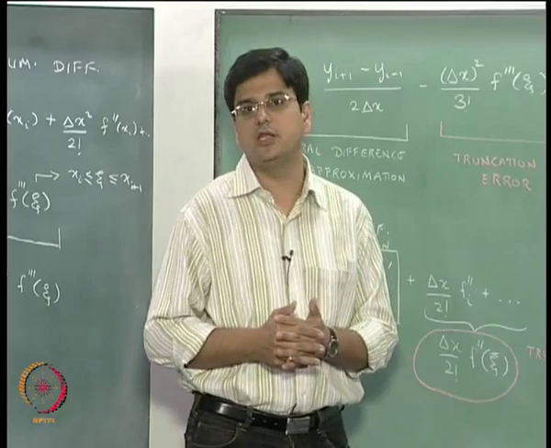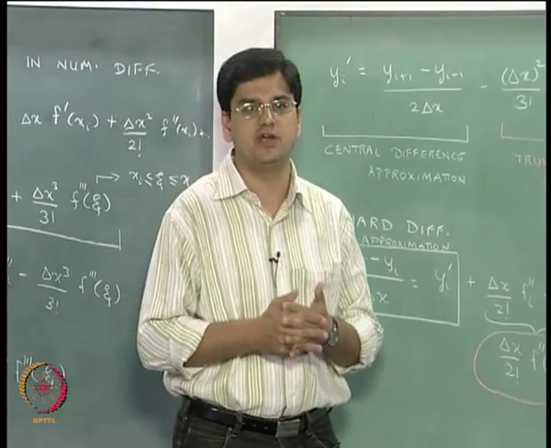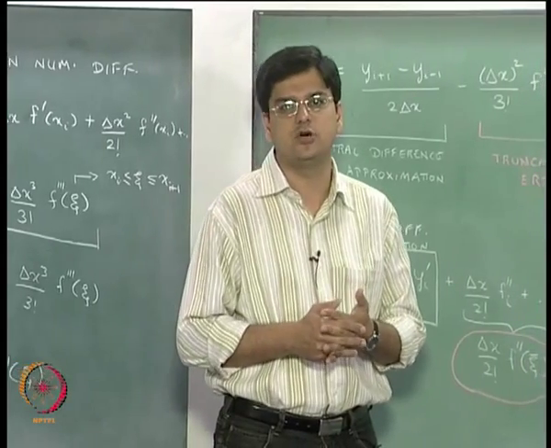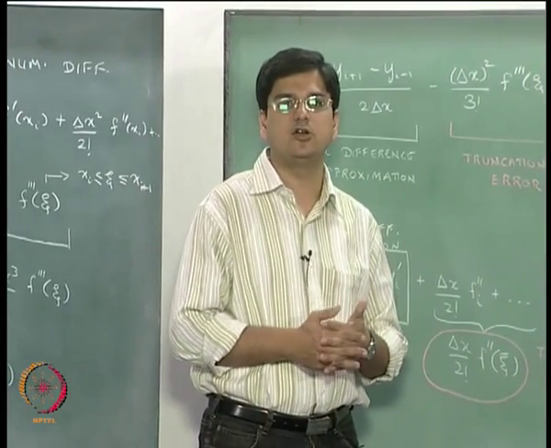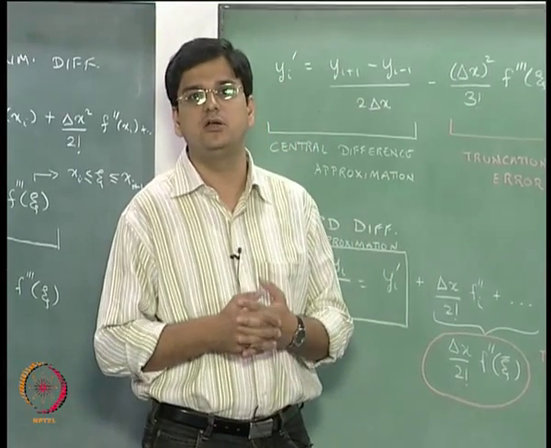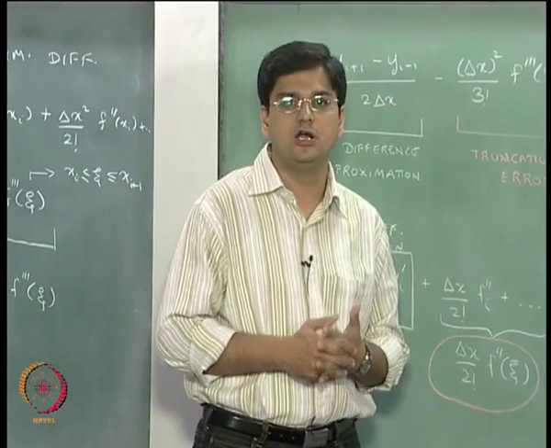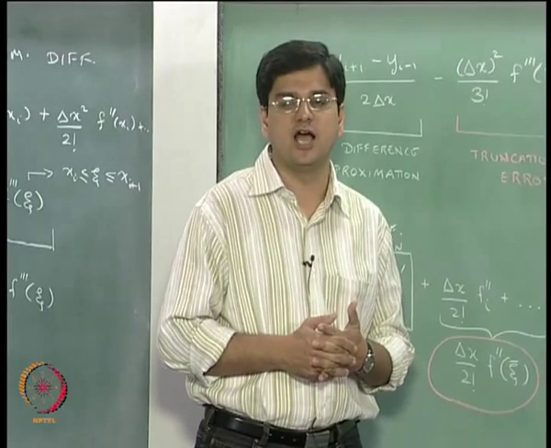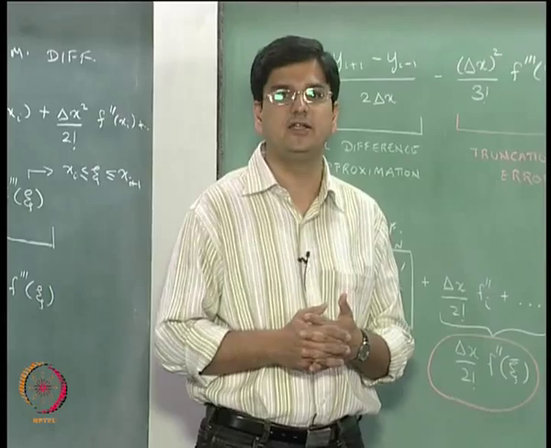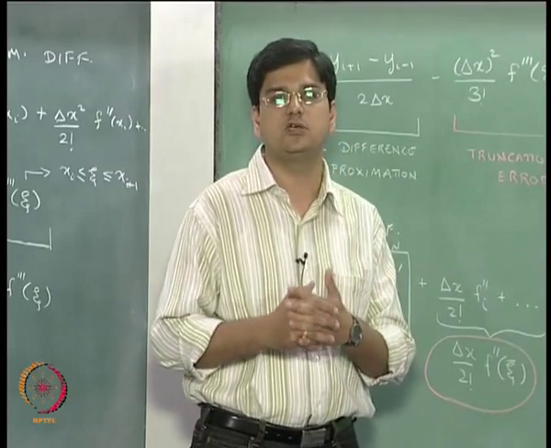What we will cover in the next lecture is to look at the higher derivatives, that is f double dash, f triple dash of x, so on and so forth, as well as higher order accurate formulae. We will use another method called the method of undetermined coefficients in order to determine the higher order formulae also, and finally we will finish off with talking about truncation versus round off errors.